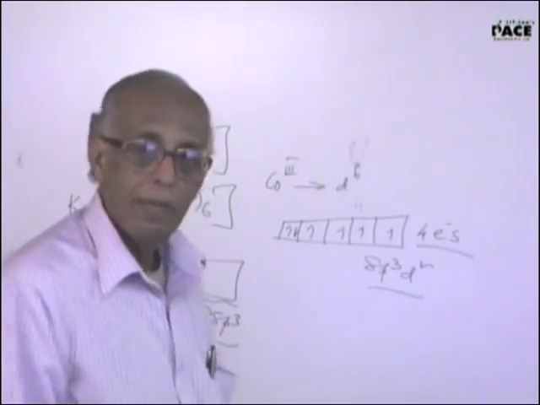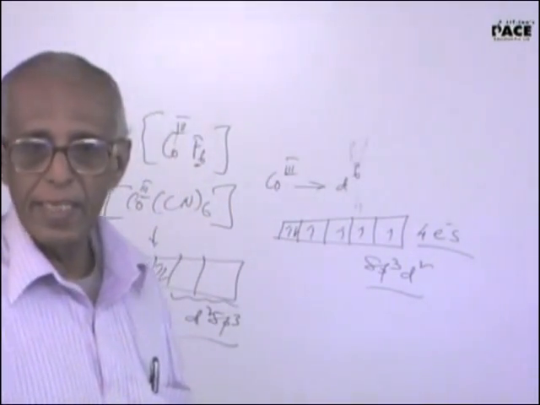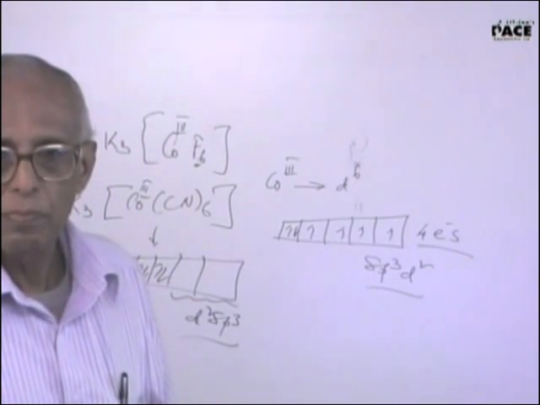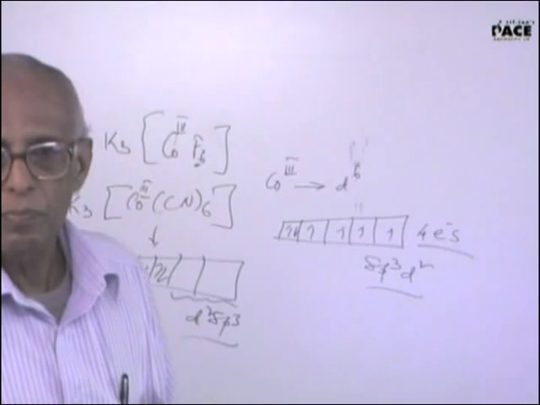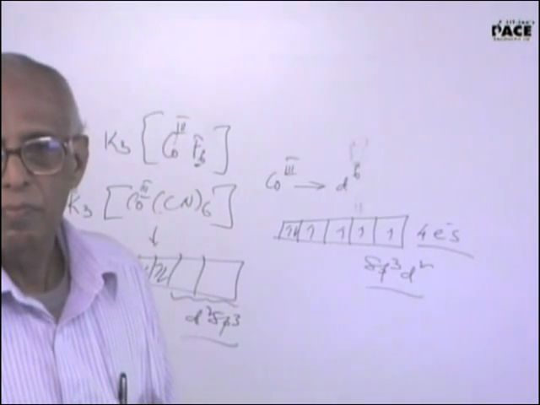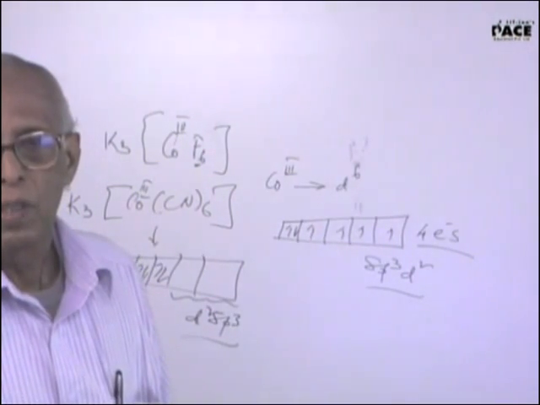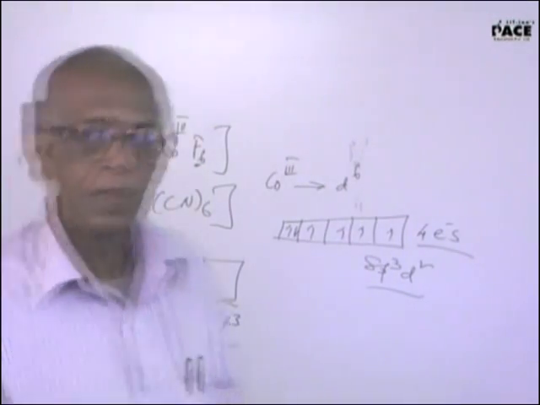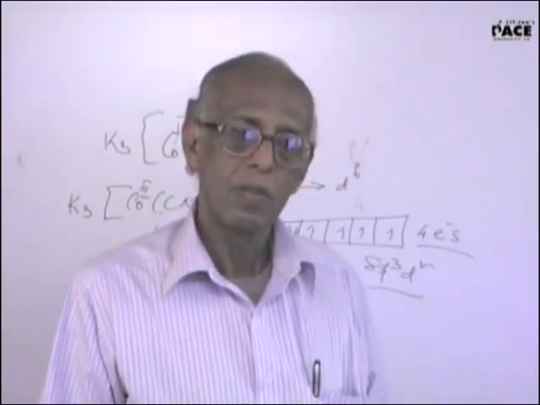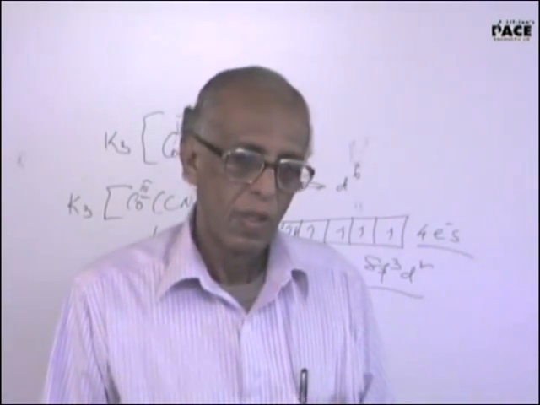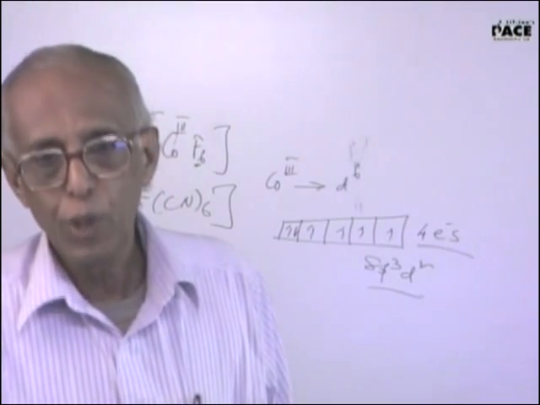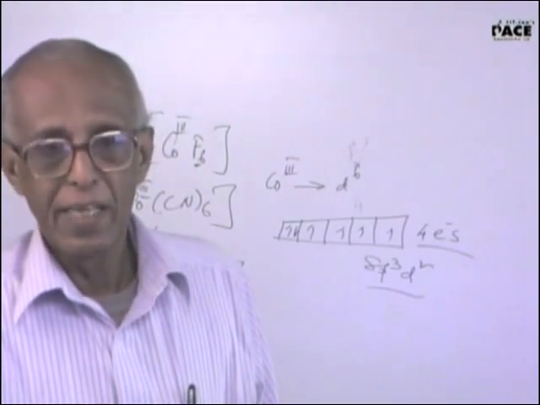Okay, now is there anything else? Yes, sir. The C2O4 2- oxalate ion is a bidentate ion, but still there are 4 oxygens, so all 4 should donate a lone pair. One is a keto, another is an enolate oxygen.